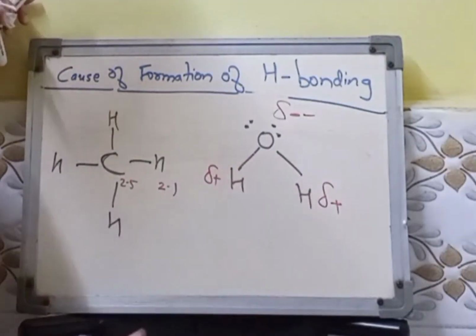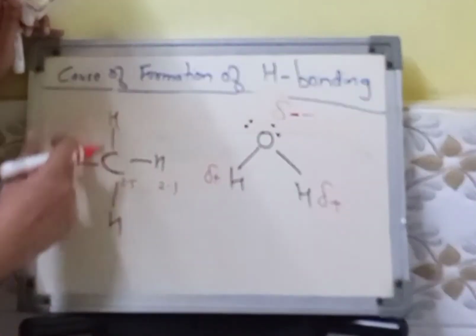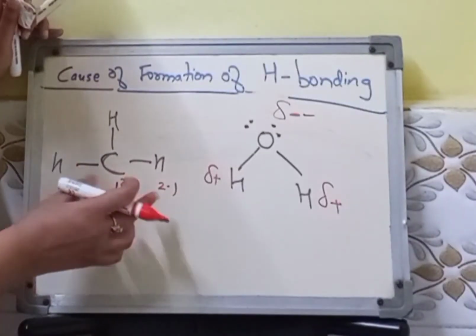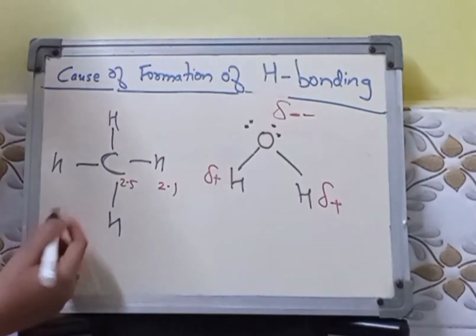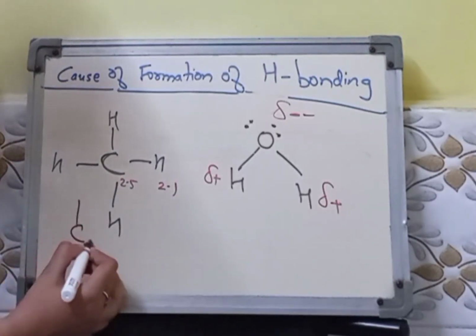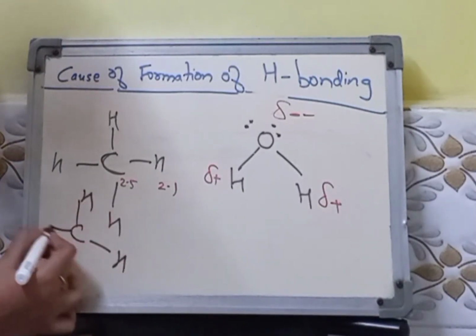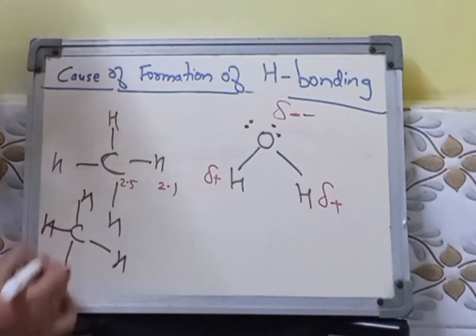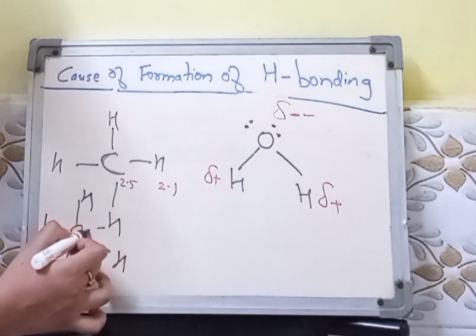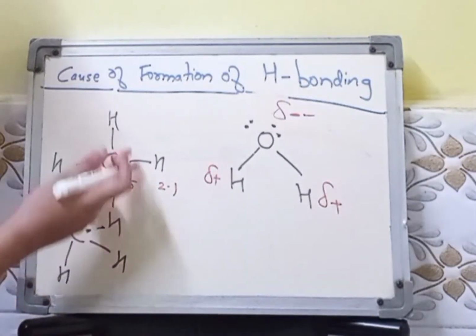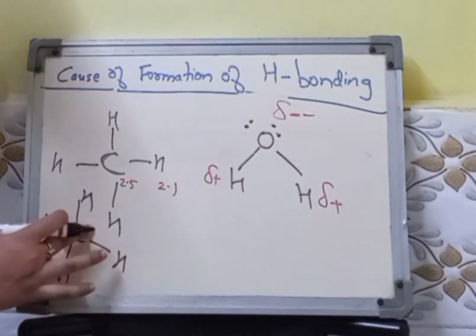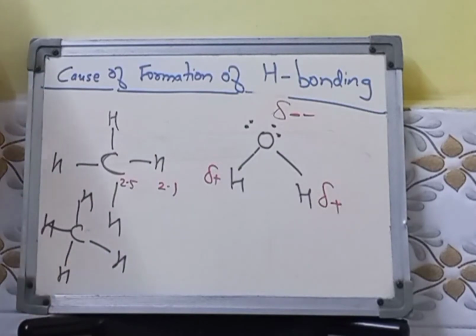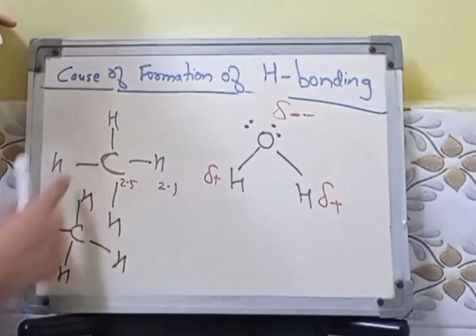But in methane there is no polarity. So the methane molecule will not show any interactions with other methane molecules. There is no electronegative atom in there, so you cannot show dotted bonds. You cannot show hydrogen bond in this case.